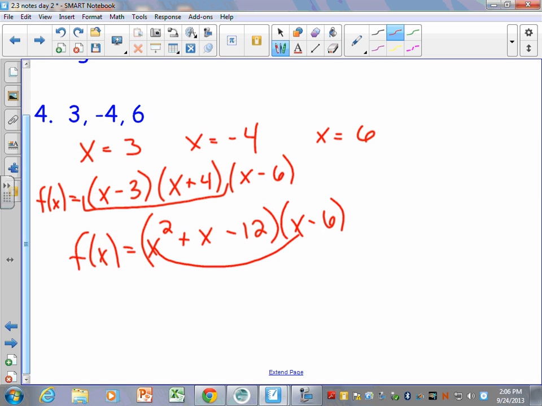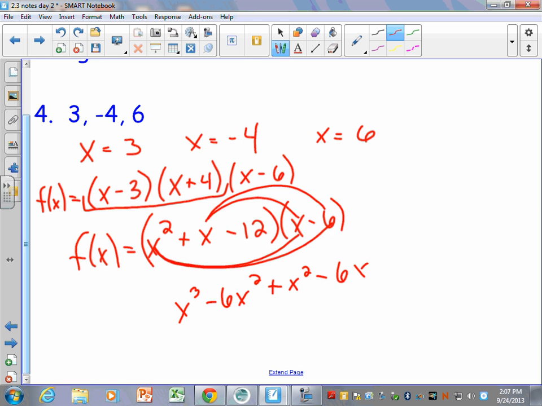So that would be x cubed minus 6x squared plus x squared minus 6x minus 12x plus 72.